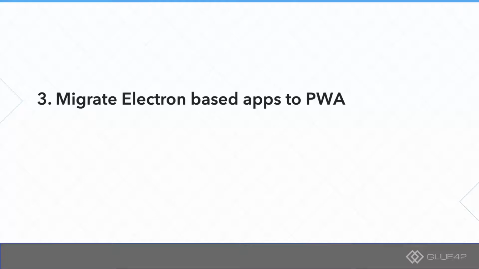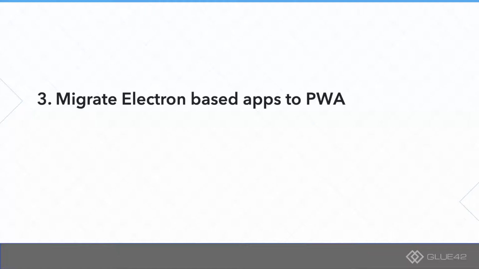Next, and this is probably the most interesting scenario which PWAs shoot for, is the migration of Electron-based applications to progressive web apps. If you're using Electron purely for its native windows, then you should consider doing this right now. And a gradual migration process with a certain transitional period of running your app in both Electron and as a progressive web app is quite easy to achieve, in fact.